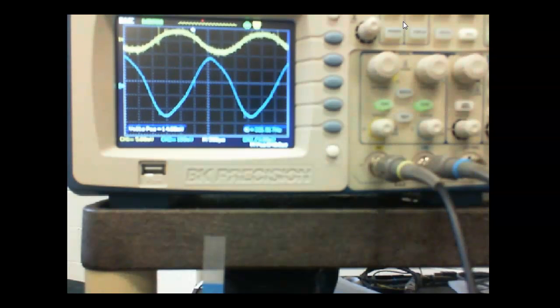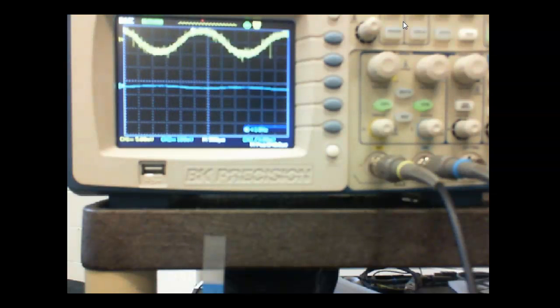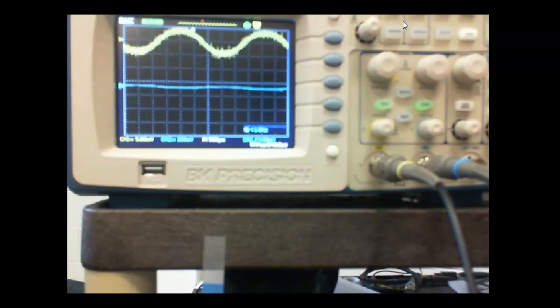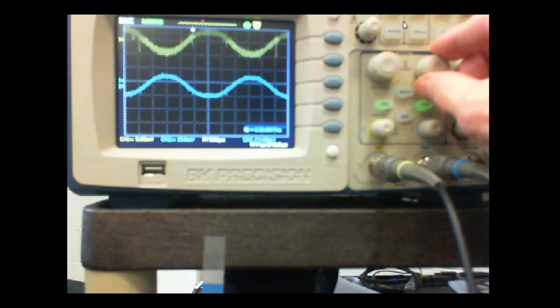Okay. So here we're going to take out C2, which is the bypass capacitor. So here's the bypass capacitor. We're triggered on, so I'm going to adjust it down so we can see it.